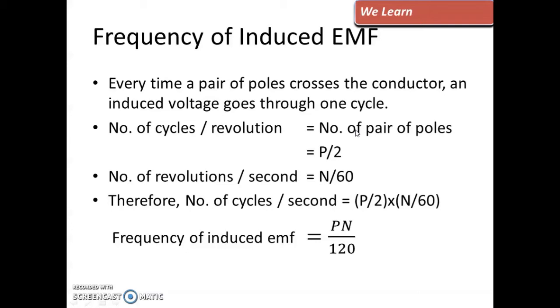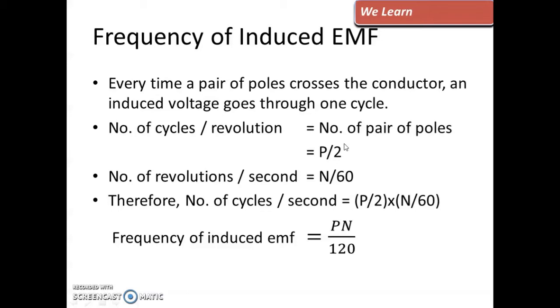But as the number of poles increases, the number of cycles per revolution will also increase proportionately, and hence we say the number of cycles per revolution will be given by the number of pairs of poles. P stands for the number of poles, and we take pairs of poles, that is why P by 2.